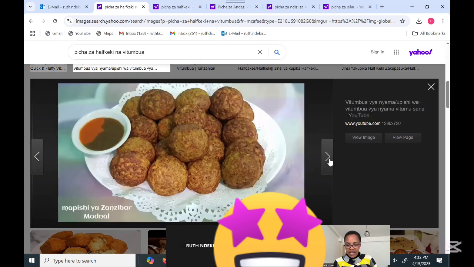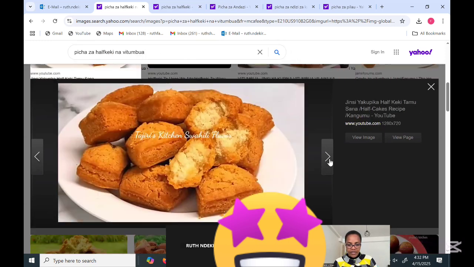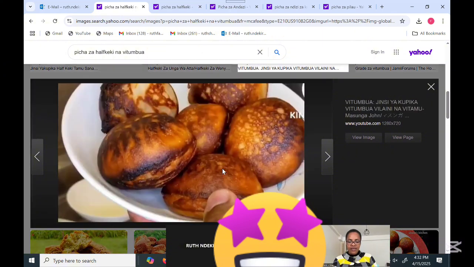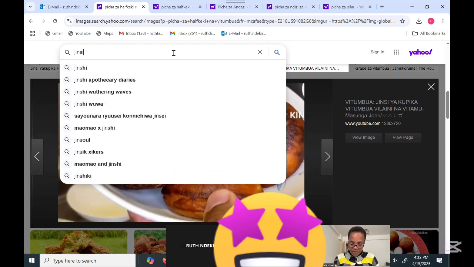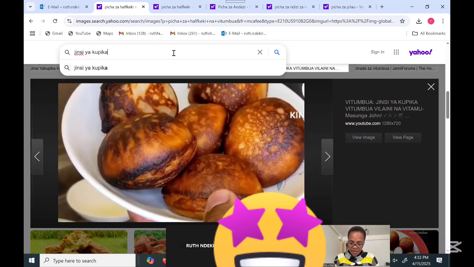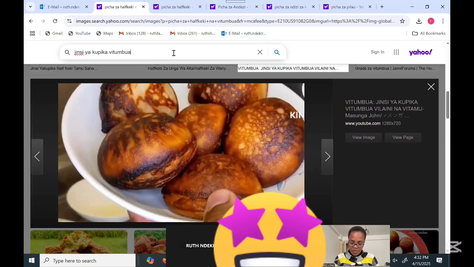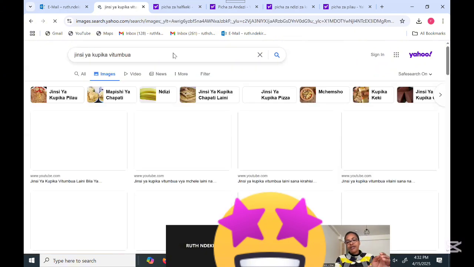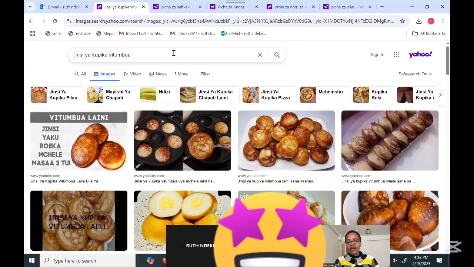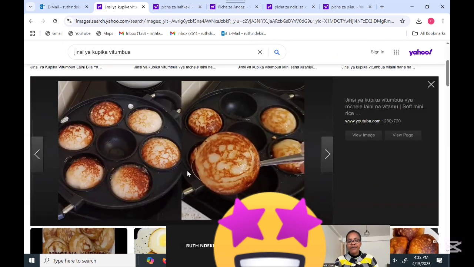I wish I could see how they prepare it. And then na yenyewe pia, jinsi ya kupika vitumbua. Unaweza kula na chai na maziwa na soda na juice.